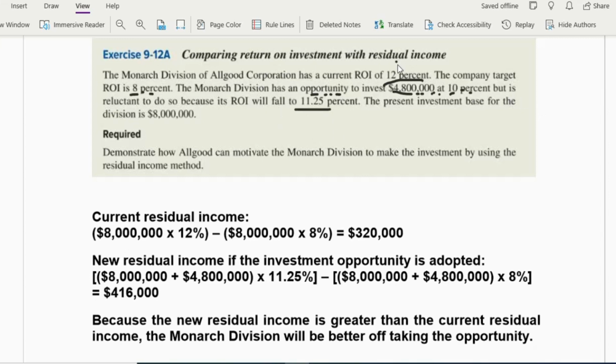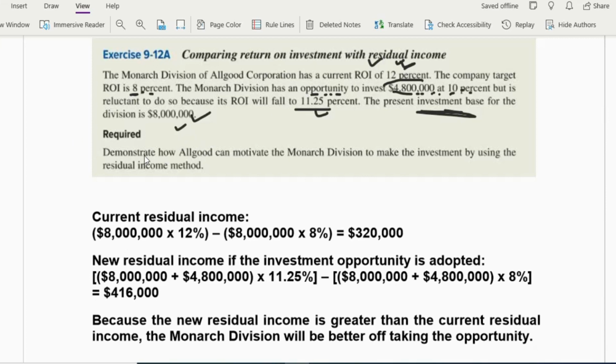Current ROI is 12%. The desired ROI is 8%, and if they make this additional investment, ROI will decrease from 12% to 11.25%. The present investment base for the division, meaning the current operating assets for the division, is 8 million. So this ROI is based on these 8 million assets.